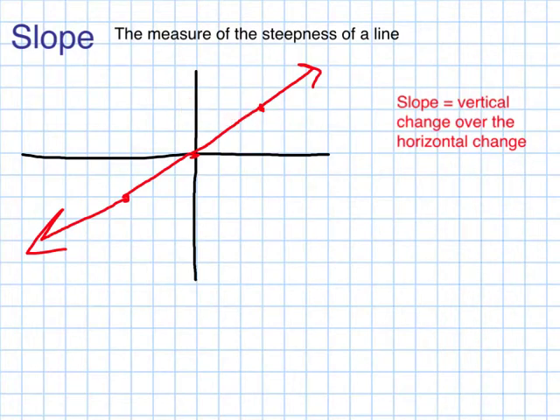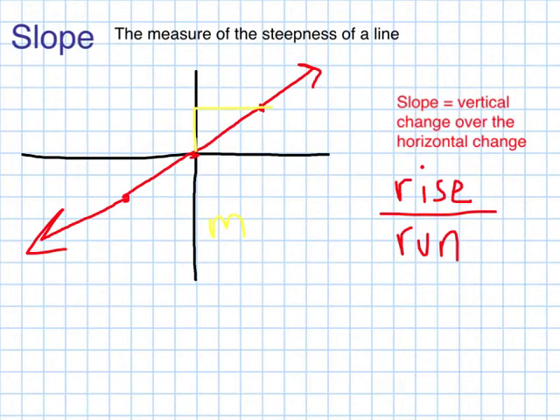So the slope would be often considered the rise over the run. Alright, so in this case, we're rising 2 and running 3. So this slope here would be rise 2, run 3. 2/3 is the slope.